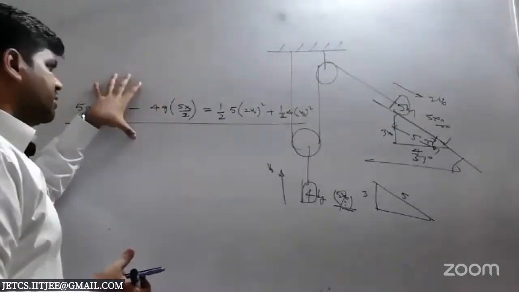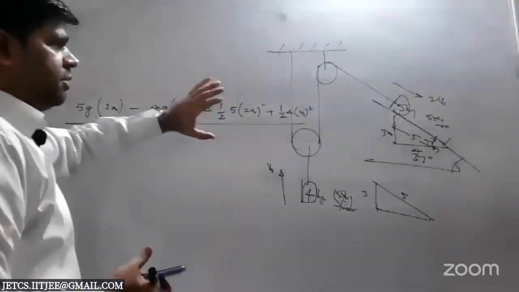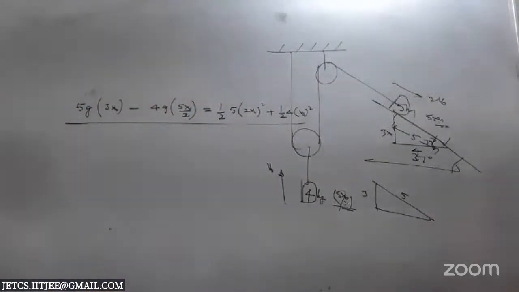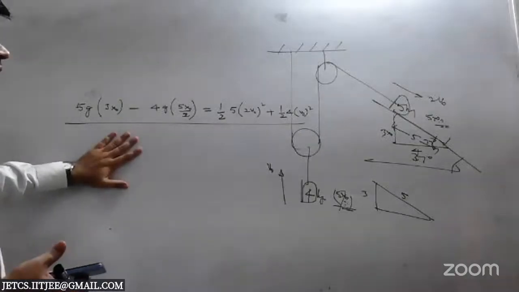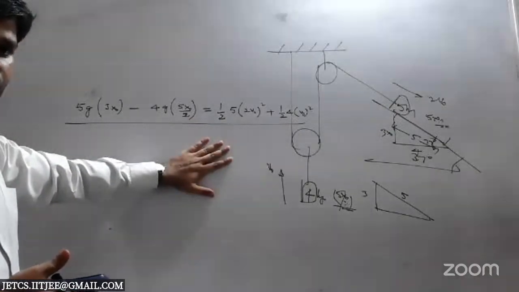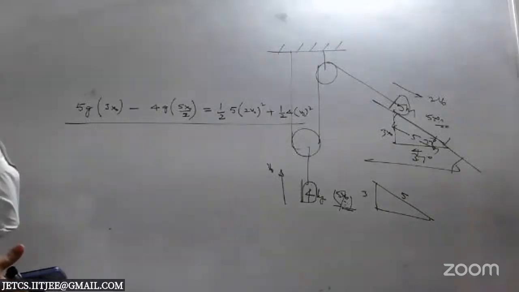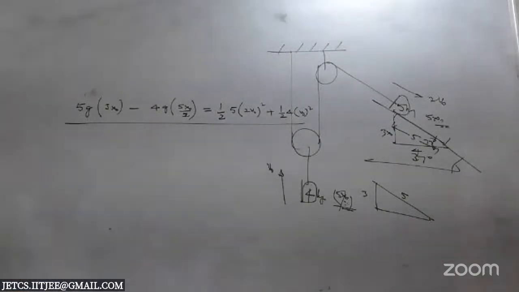So work done by all the forces is change in kinetic energy. Or drop in potential energy is gain in kinetic energy. All right, that's it. Solve for this, you'll get it. You try this.